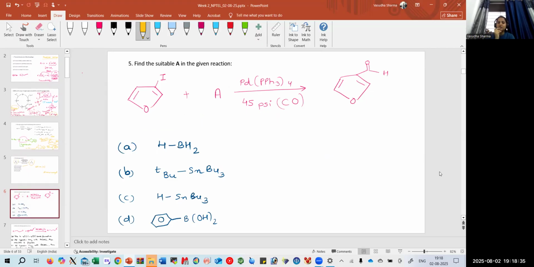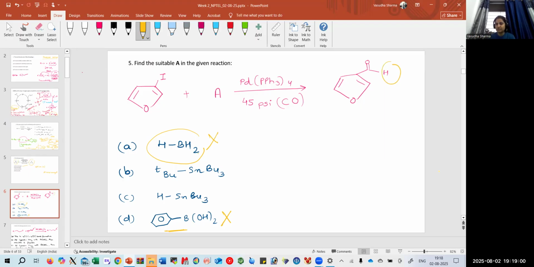This is also a reaction where we have already seen which one can give you an aldehyde. Firstly, the silyl reaction or this borane can't be used because, it can be used, but it is not that active over here. We need a base. So boron centers are crossed over here. Firstly, this is not applicable because this does not give you hydride.